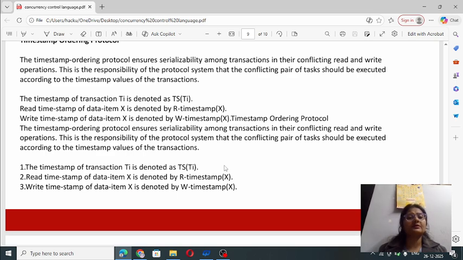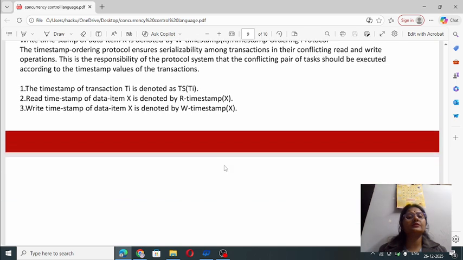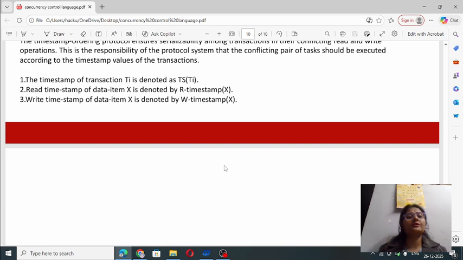The timestamp of transaction Ti is denoted TS(Ti). The read timestamp of a data item is denoted R-TS, and the write timestamp of a data item is denoted W-TS.